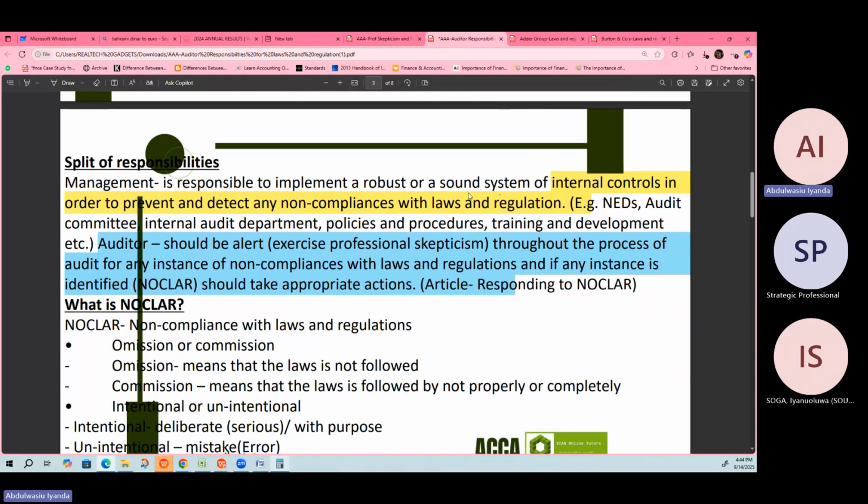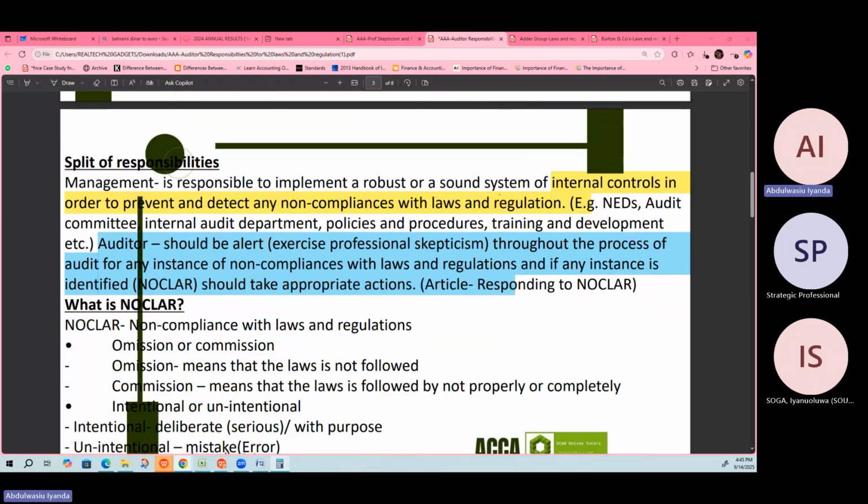Then, what is the responsibility of the management? The responsibility of the management, when it comes to laws and regulation, is to make sure that they have a sound internal control system, a good internal control system, so that this system will be able to prevent non-compliance and also be able to detect it.